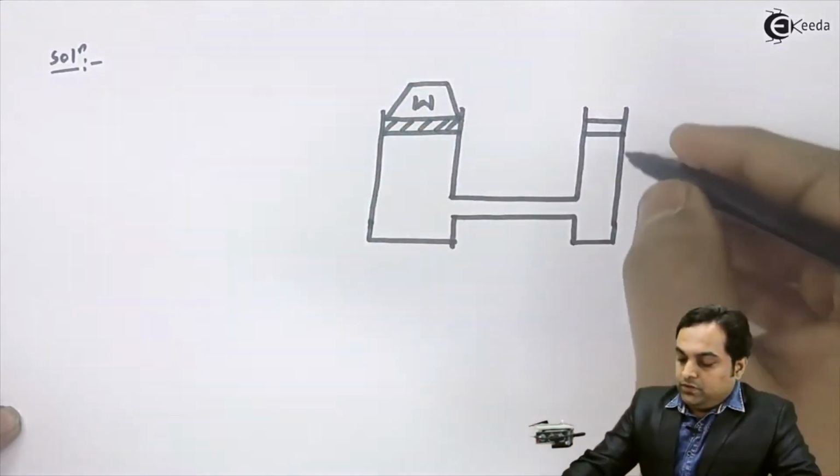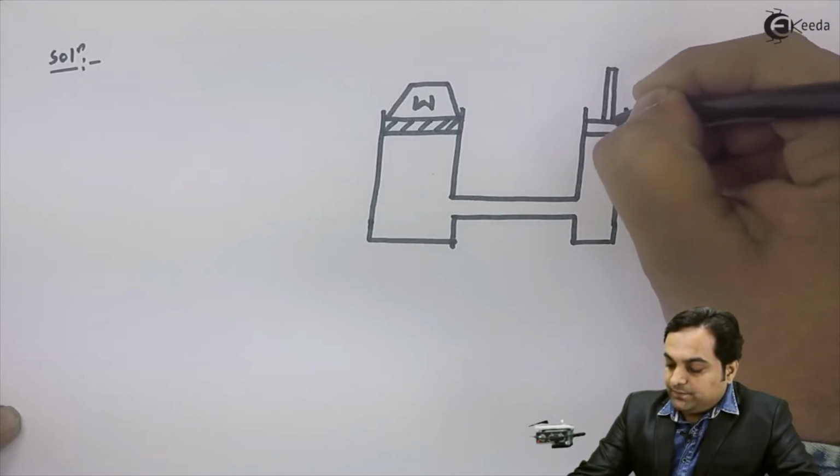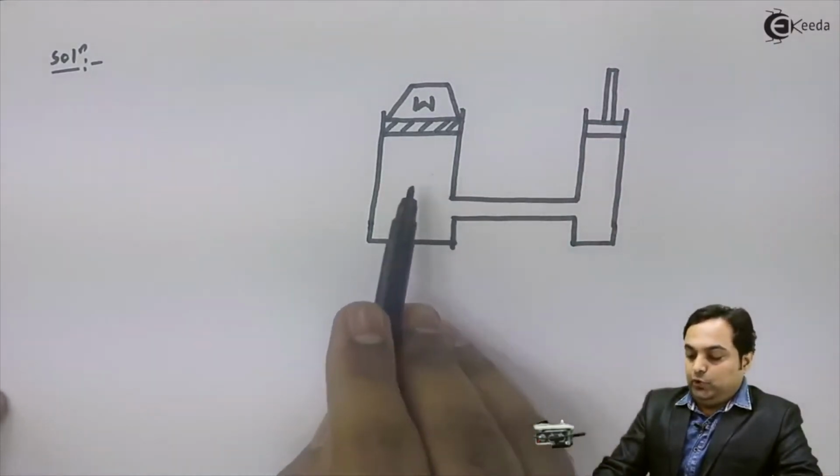Now, here I have drawn the diagram of a hydraulic jack in which we have two ends.